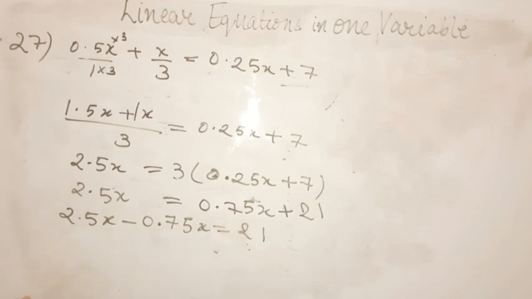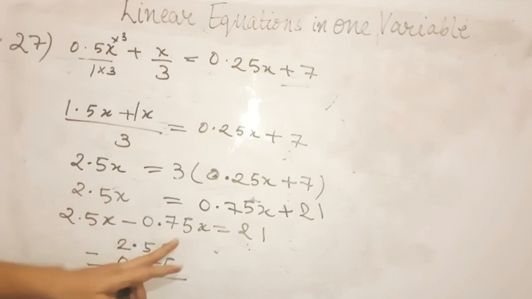Now how do we subtract the decimals? This is 2.5 and this is 0.75. So we have to convert it into like decimals. How will we convert? By adding 0 to the extreme right of the number, making all the places the same, 2 places here and 2 places here.